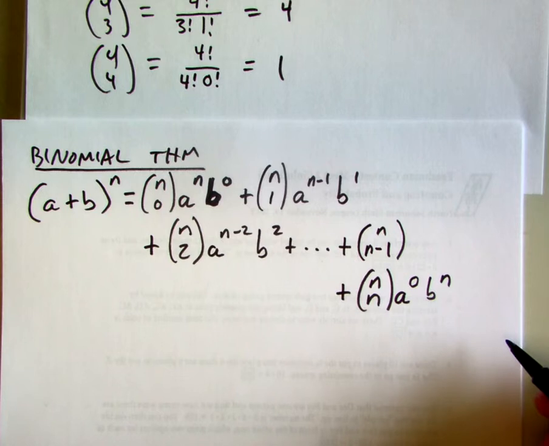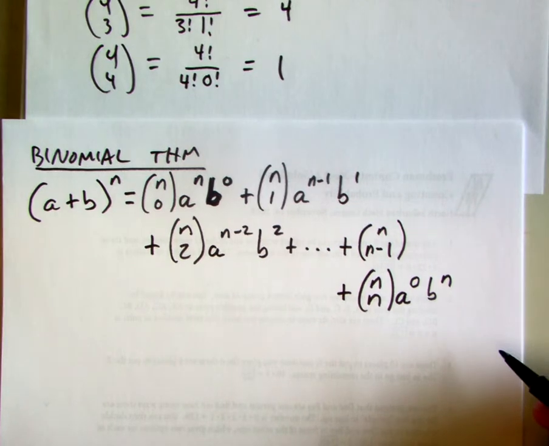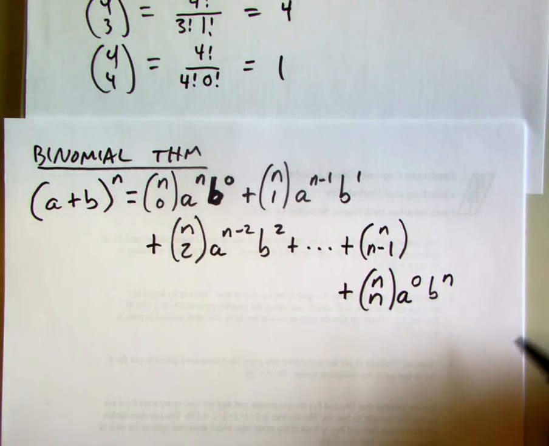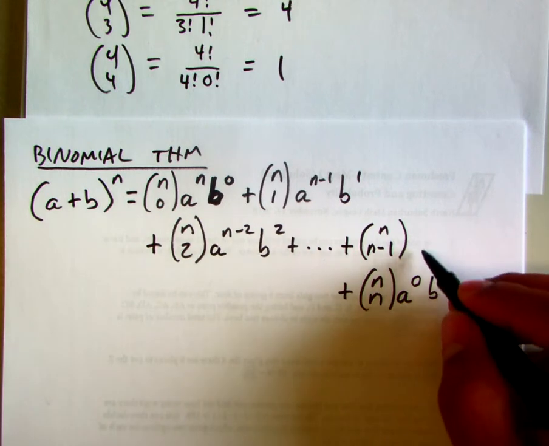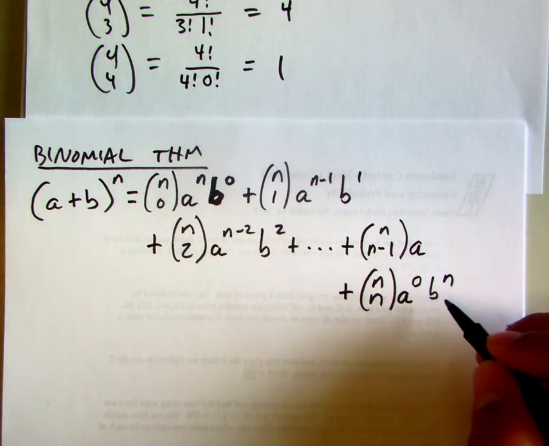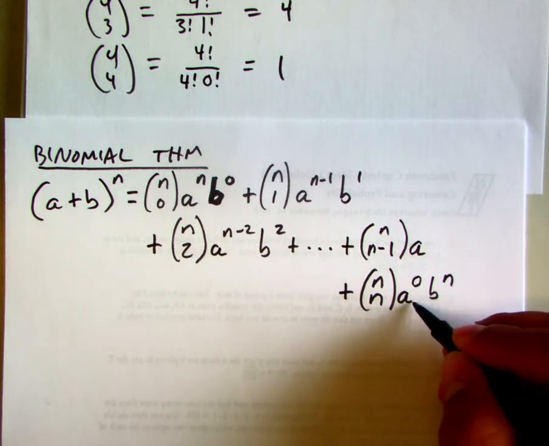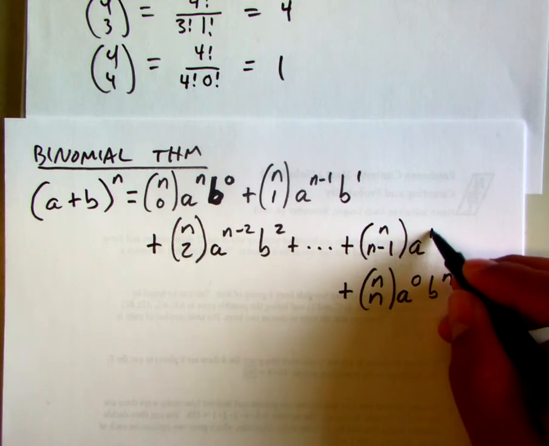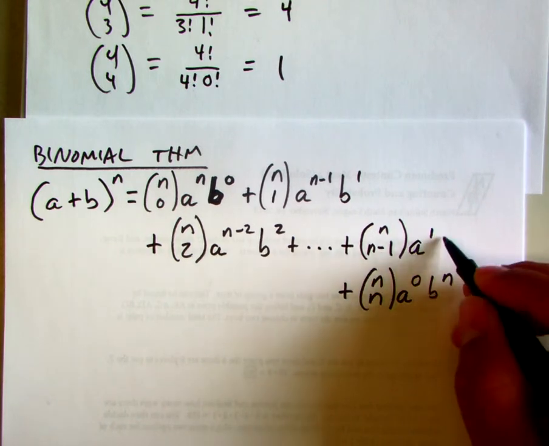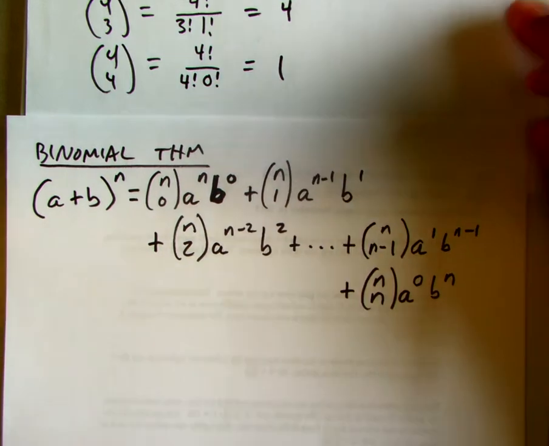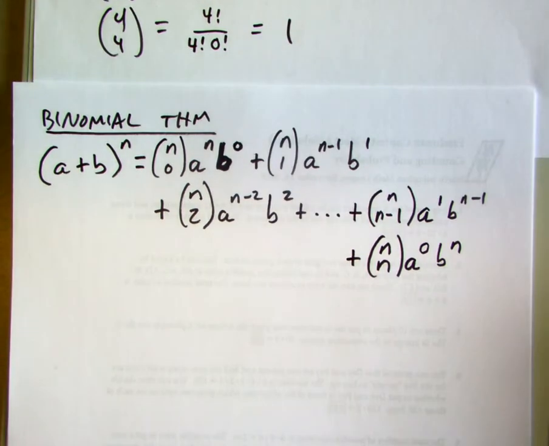How many A's in the term before the last? 0 plus 1, so 1. How many B's? N minus 1. Very good. Yes. So then I switch? Got it. I got it.